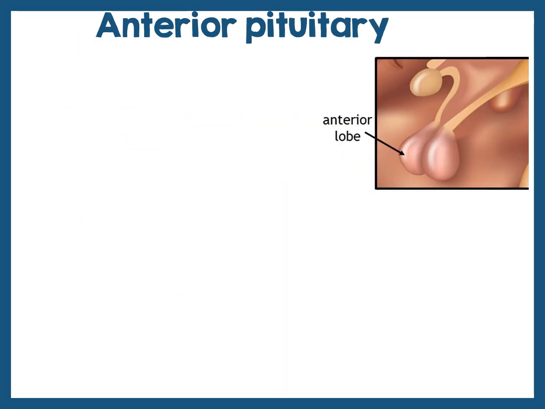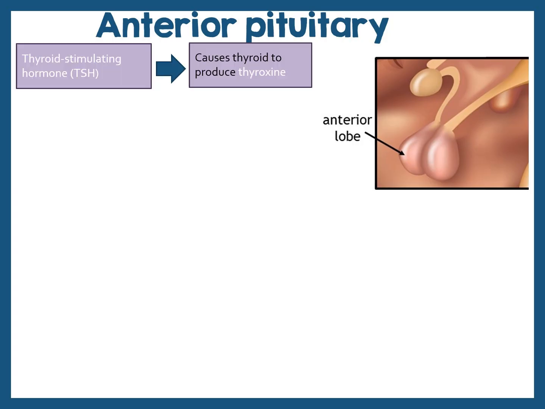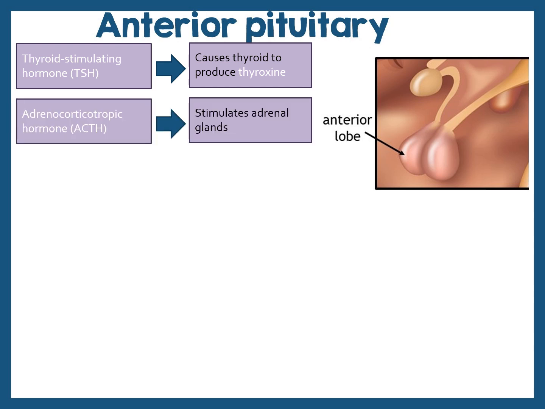Each hormone produced by the anterior pituitary gland will have an effect on another gland in the body. So for example, thyroid stimulating hormone will cause the thyroid to produce thyroxine, while adrenocorticotropic hormone will stimulate the adrenal glands.